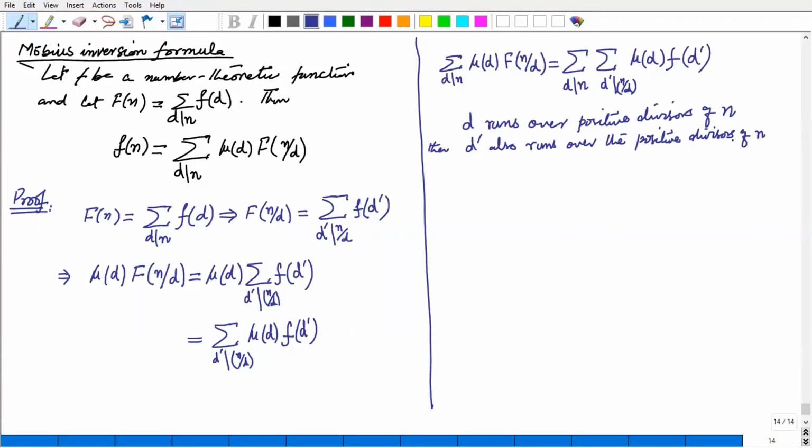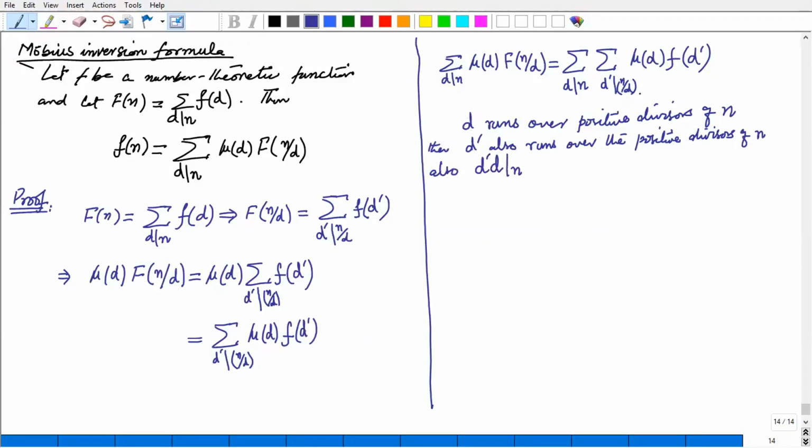Okay, and then because d prime is a divisor of n by d, d prime times d also divides n.